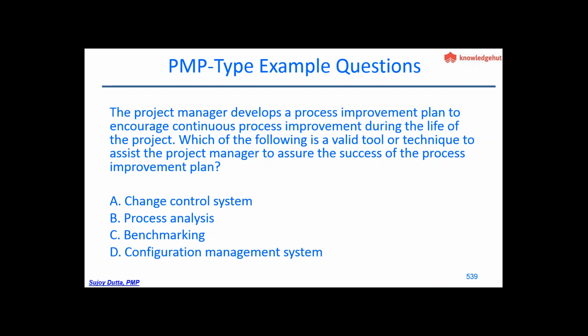Then the project manager develops a process improvement plan to encourage continuous process improvement during the life of the project. Which of the following is a valid tool or technique to assess the success of the process improvement plan?